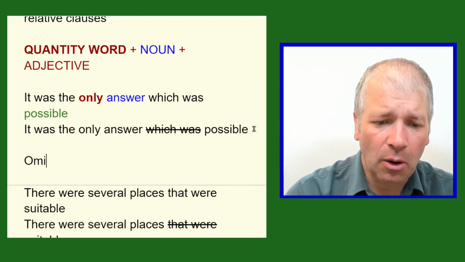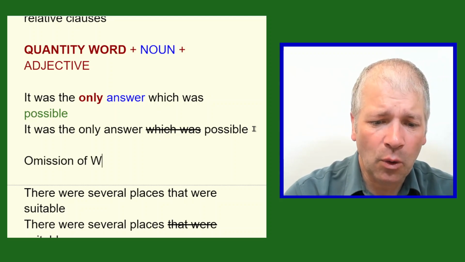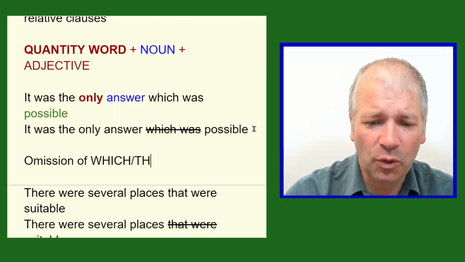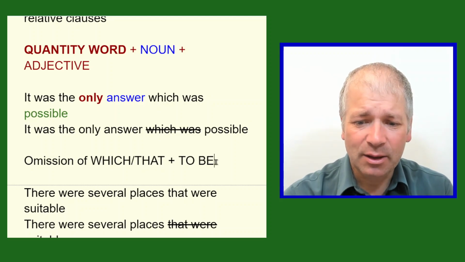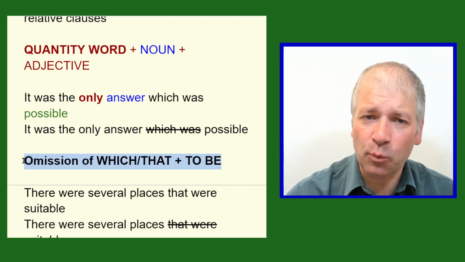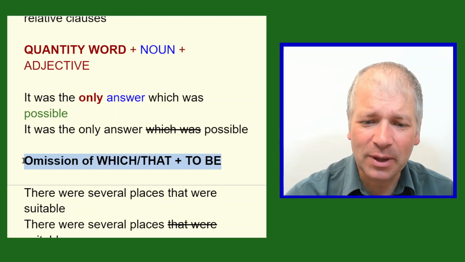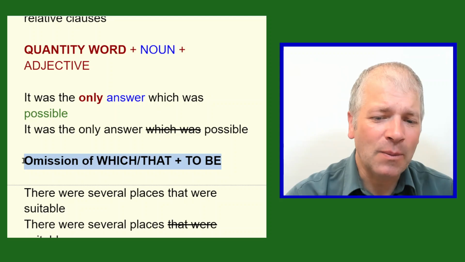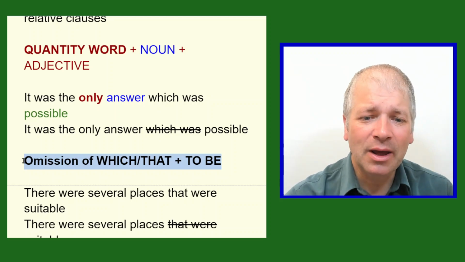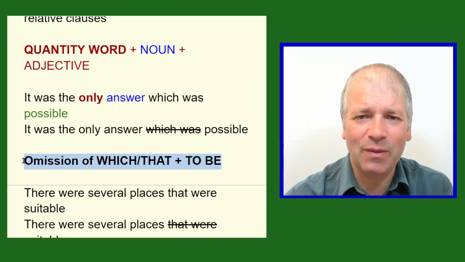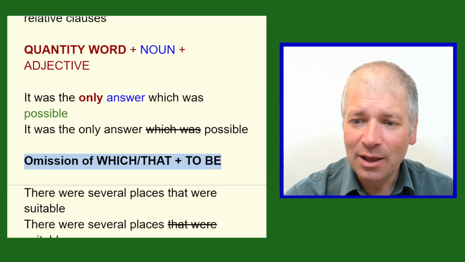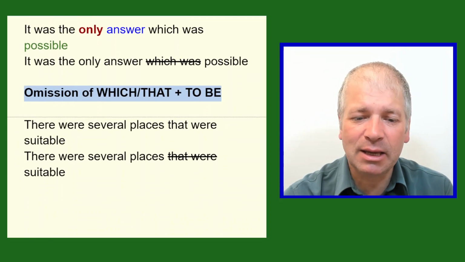So omission of which or that plus the verb to be. So we can omit these words, which and that, and the verb to be, in many cases when we have a quantity word, a noun, and then an adjective, which is part of a relative clause with which and that followed by to be.